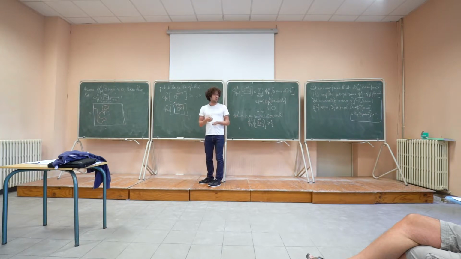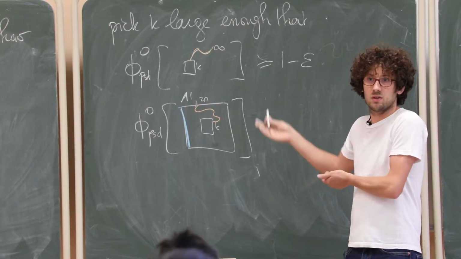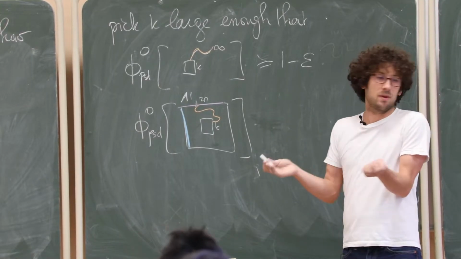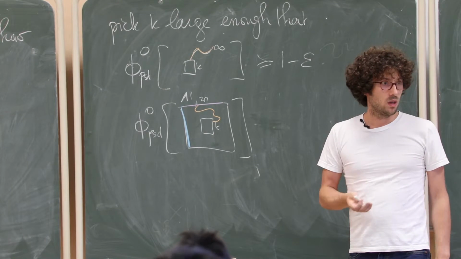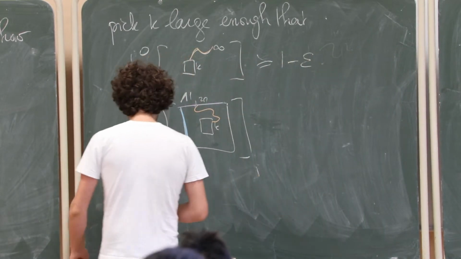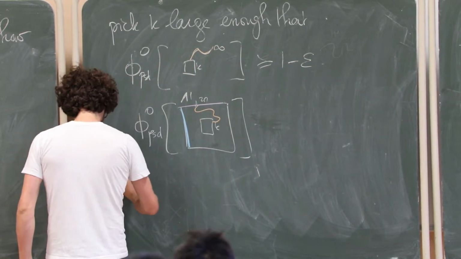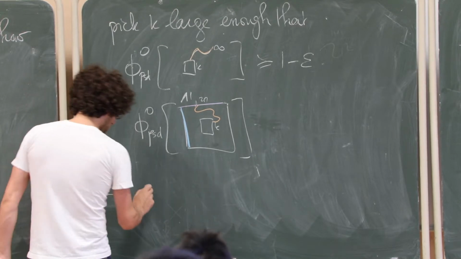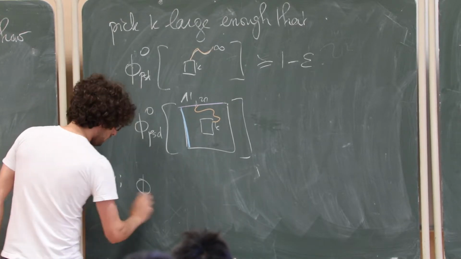So if you just know the union bound, you deduce that these events have probability at least 1 minus epsilon over 4. But if you use the FKG inequality, you can prove the following, as an exercise.